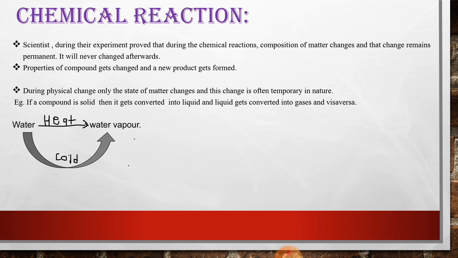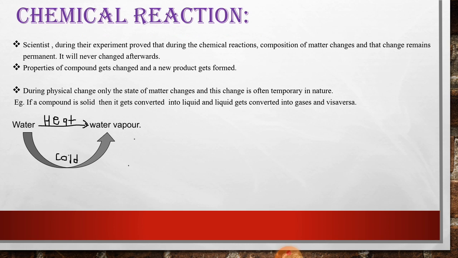But in a chemical change, what happens? The composition of matter changes and we get a new product. All the properties of that new product are different from the earlier compound. So we get a new product in a chemical change, but in a physical change only the state gets changed.